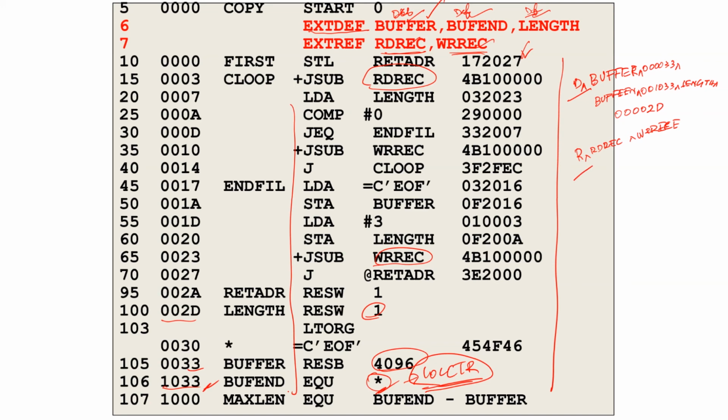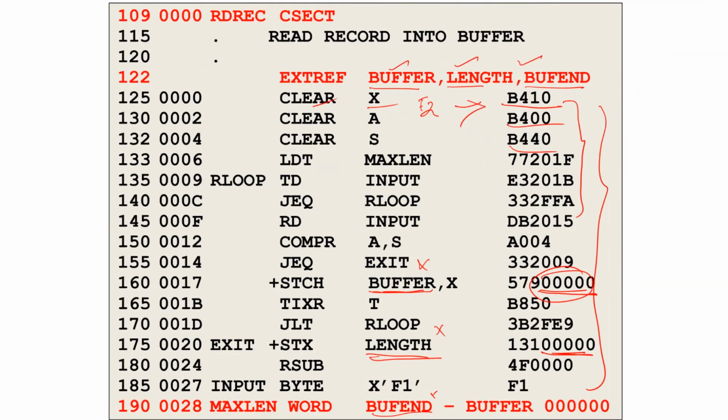So in the define record you have to specify D first, then the name of the external symbol, then the address of the symbol, and then you repeat. Suppose I have another two, I have to write those also. Then for the refer record, I write only R and the names.